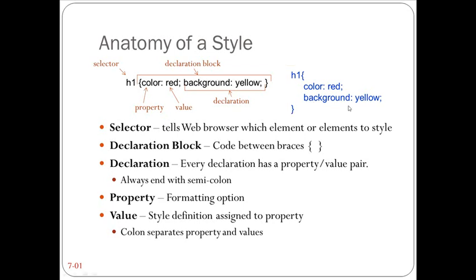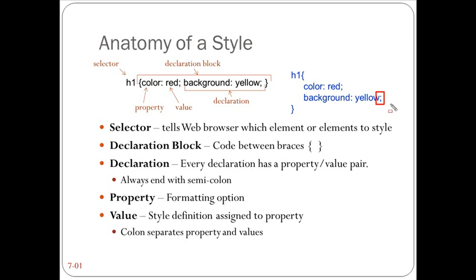The other thing of note is that while every property value pair needs to be separated by a semicolon, technically the last one does not have to have that semicolon. But I recommend, and I'm going to be looking for this, that you always end it with a semicolon.